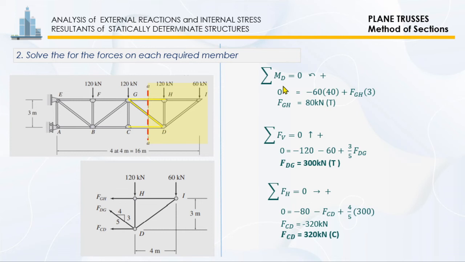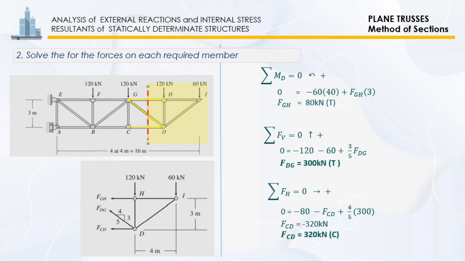So, taking summation of moment at D counterclockwise as positive. We have 0 is equal to negative 60 multiplied by 40 plus FGH multiplied by its moment arm na 3. So, we have FGH is equal to 80 kilonewton, which is in tension.